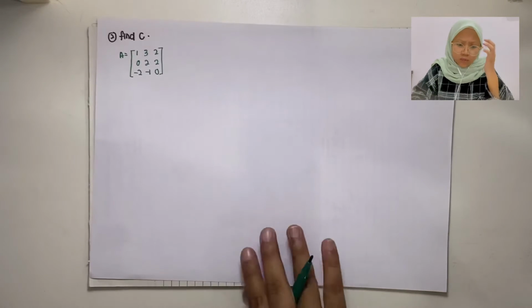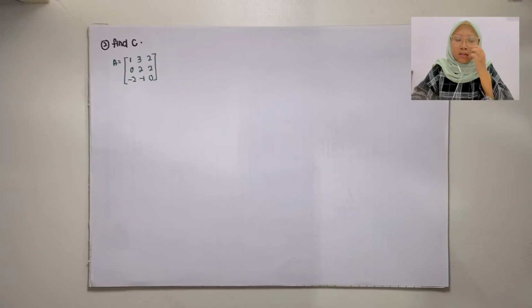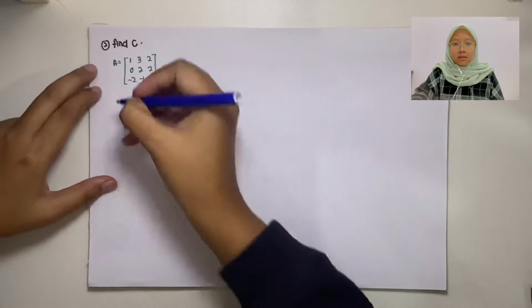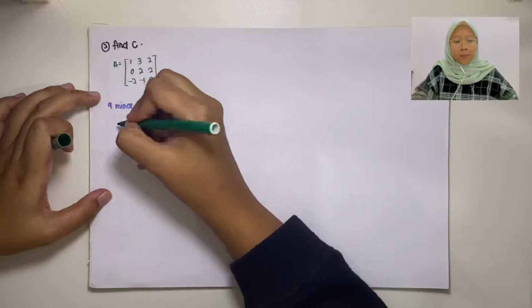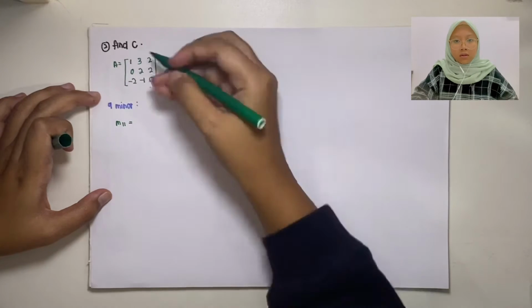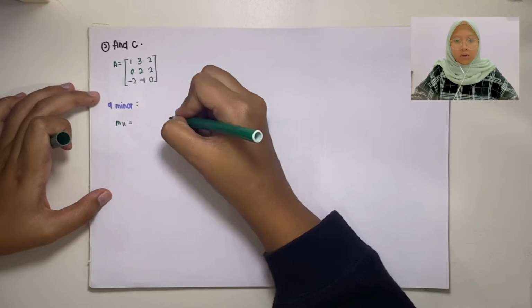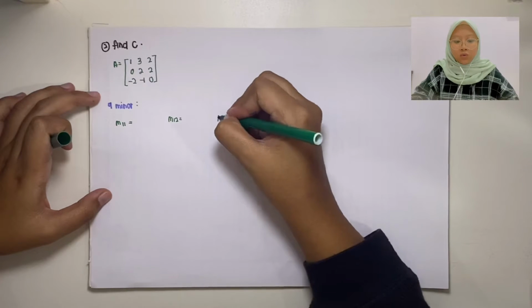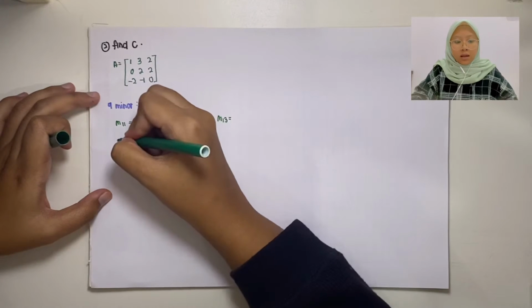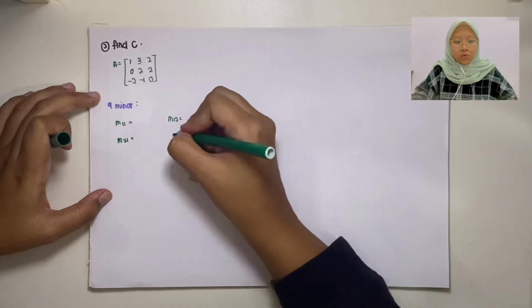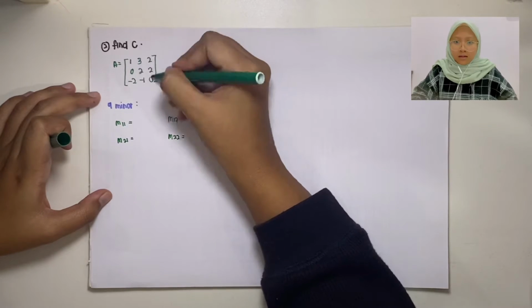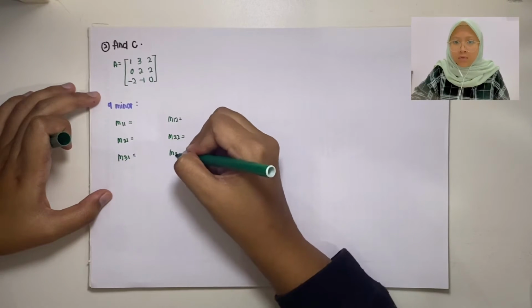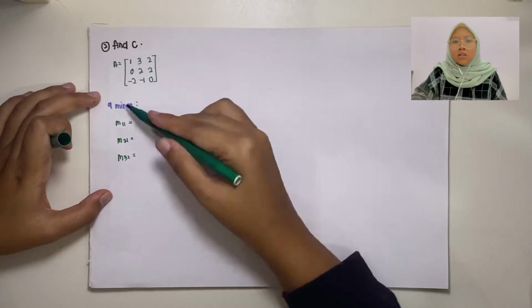To find the cofactor matrix, we need to know 9 minors, which are M11 for row 1 and column 1, M12 row 1 column 2, M13 row 1 column 3, M21 row 2 column 1, M22 row 2 column 2, M23 row 2 column 3, and so on, M31, M32, M33. So we have 9 minors.